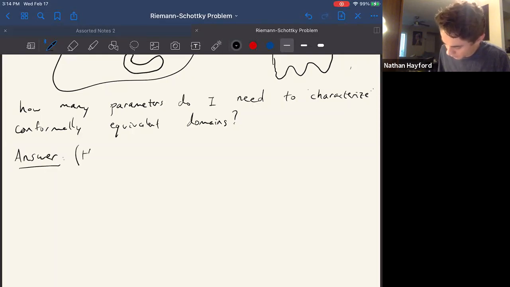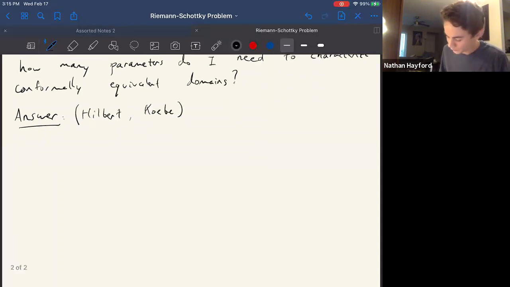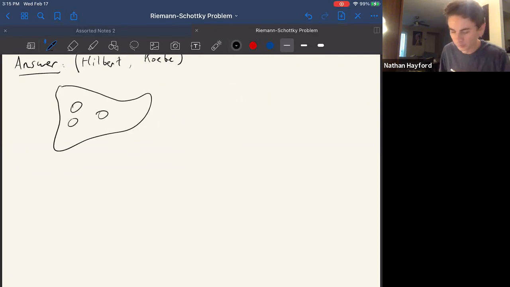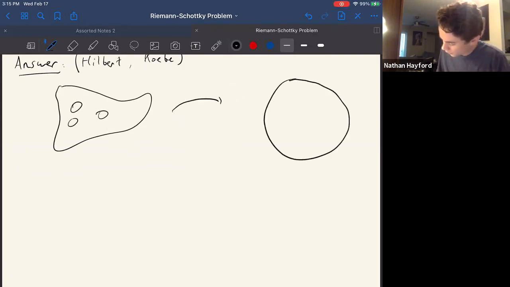So the theorem says this: I can map any, say, triply connected domain or G-connected domain onto the disk with disk holes. So this is the unit disk and it has disk holes.